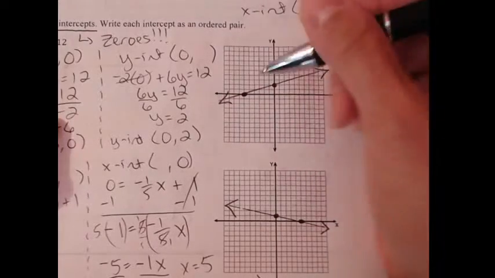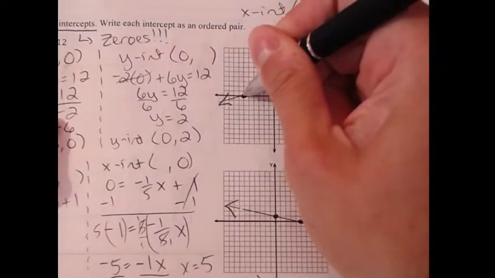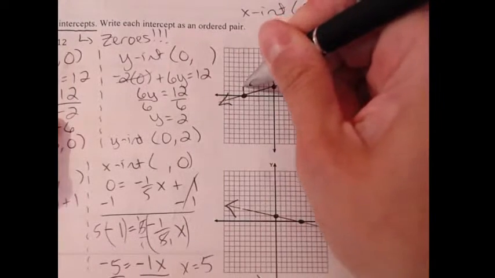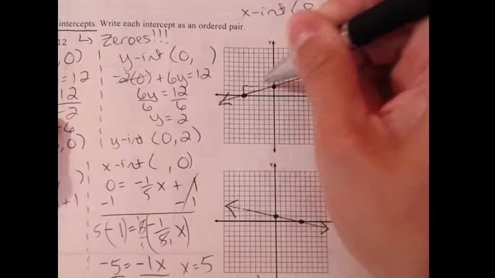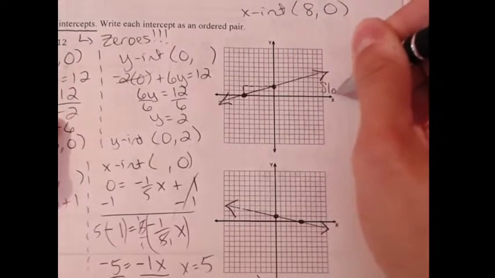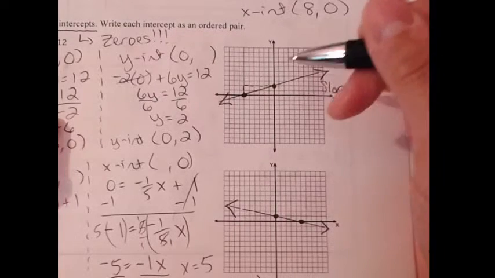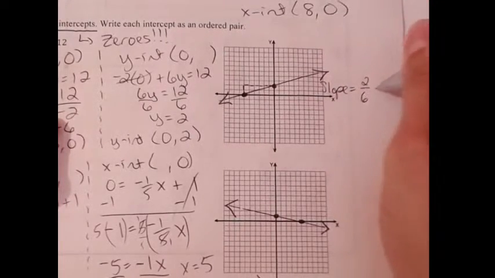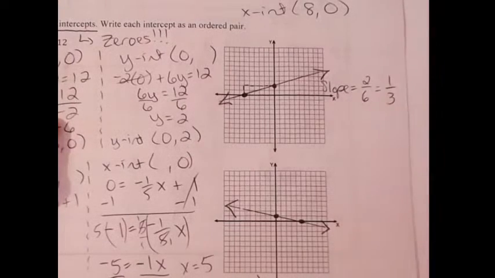Let me show you. We would have to rise 1, 2, and then we run 1, 2, 3, 4, 5, 6. So the slope in this case, we rose 2, ran 6. That means your slope is actually 1 over 3.